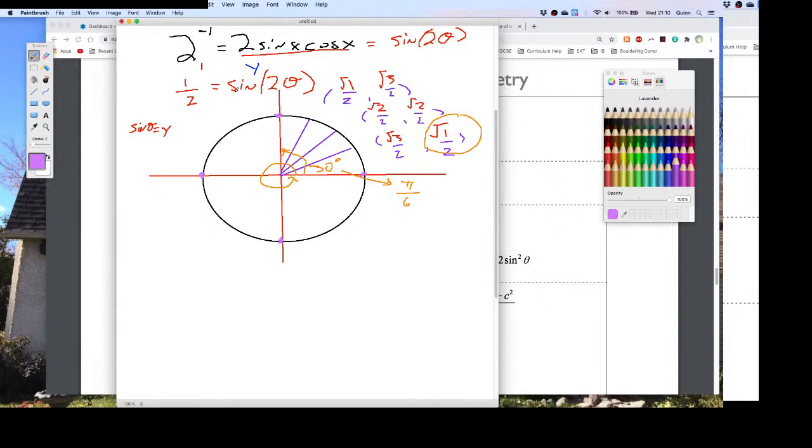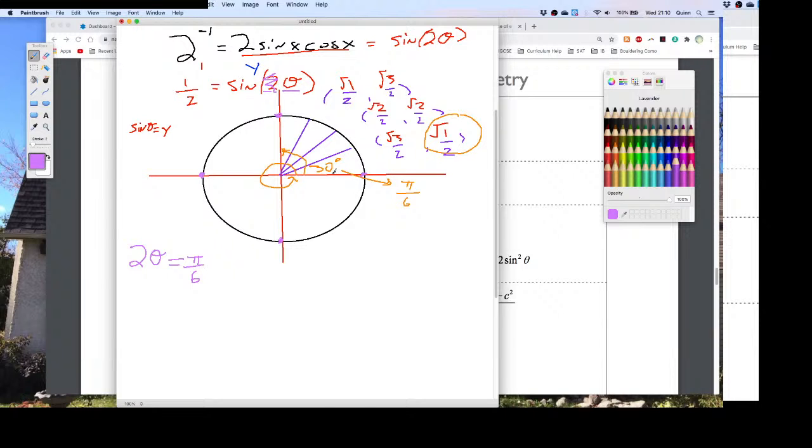So we already know that sine 2 theta is equal to half. We know that that angle happens at pi over 6, but it's 2 times the angle. It's not just the angle. So 2 times whatever angle we have should equal pi over 6. If this 2 was gone, we would just know it's pi over 6.